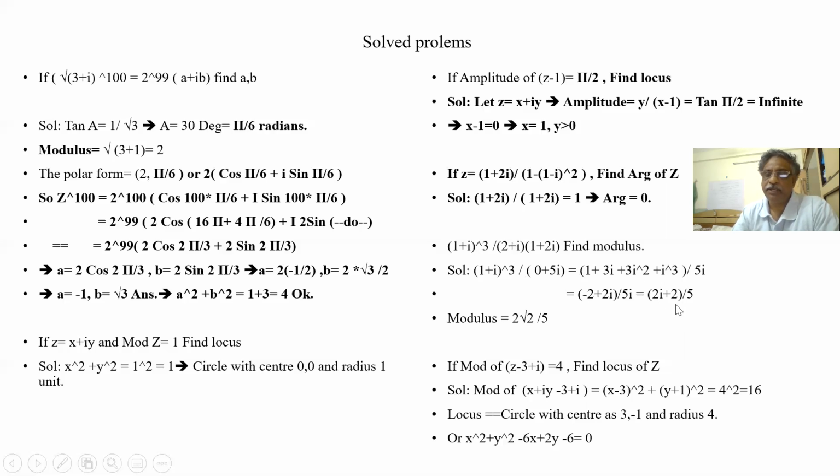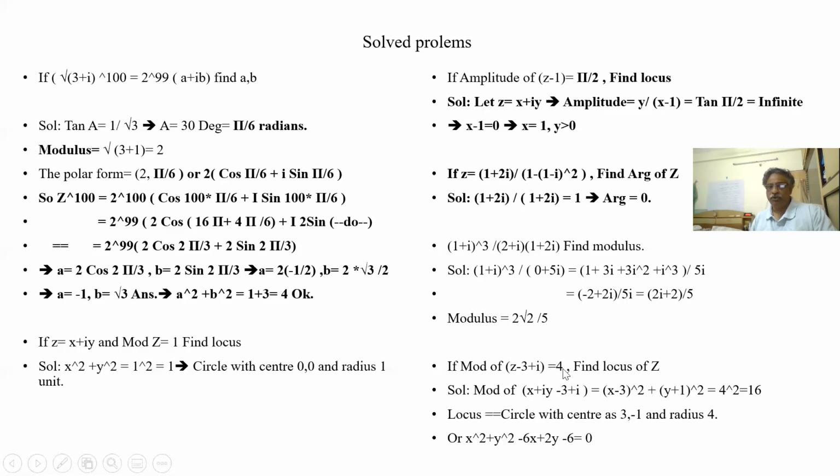When I am simplifying it, I am getting this form. So modulus is under root 2 square by 5 plus 2 square by 5, so 2 root 2 by 5. This is the modulus under root. So what we have done here, we have simplified to the lowest form, the a plus ib form, and then found its modulus.